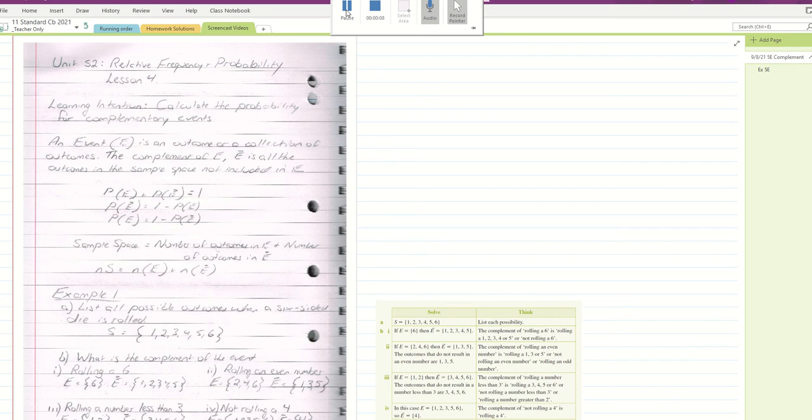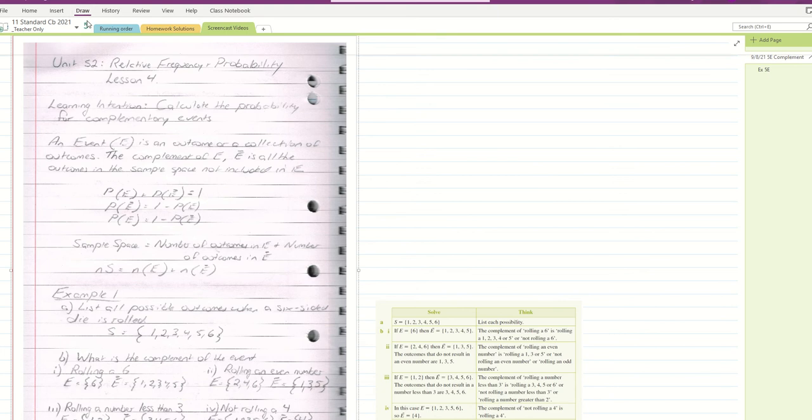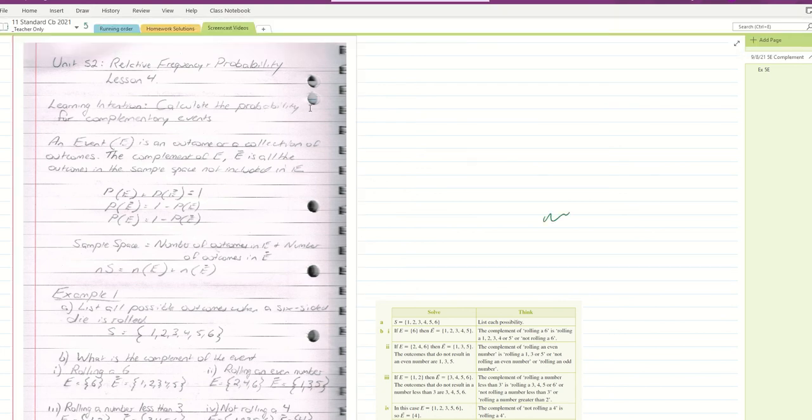Now remember, an event E is an outcome or a collection of outcomes, and the complement of an outcome is all of the outcomes in the sample space not included in E. So if you're finding the probability of rolling a 1 with a die, then the complement of that is not rolling a 1.